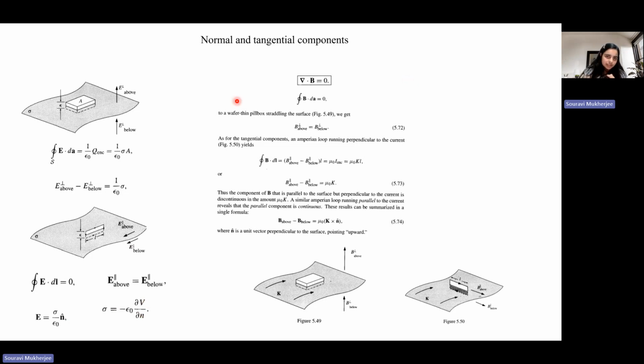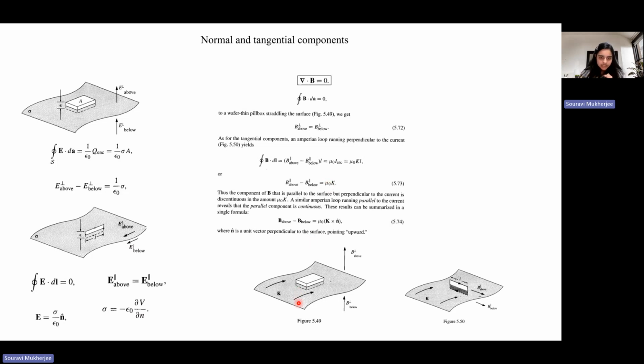So similarly, now for magnetic fields also, you can use Maxwell's equation, divergence of B going to zero, which tells us that if you again consider a small pill box and apply this condition to the top surface and the bottom surface of the pill box, the perpendicular components of magnetic fields are always continuous, while the tangential components depend on what current density you have.